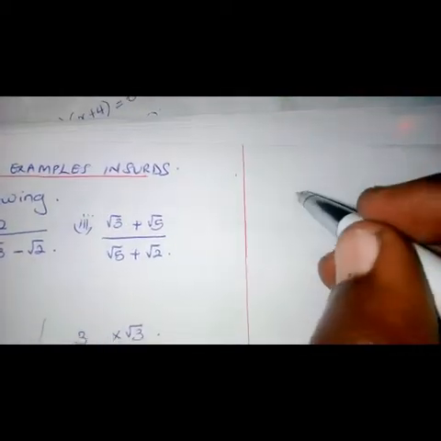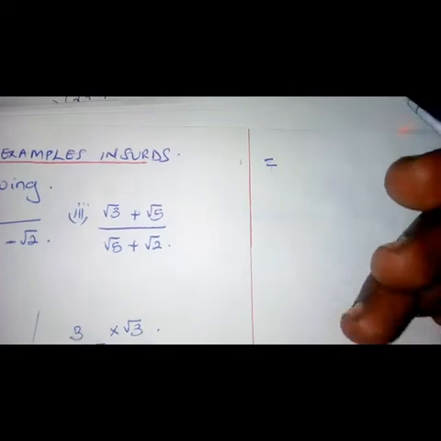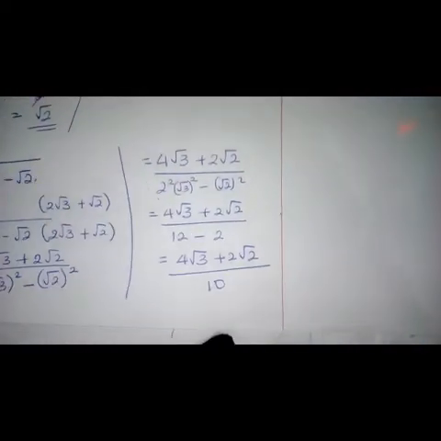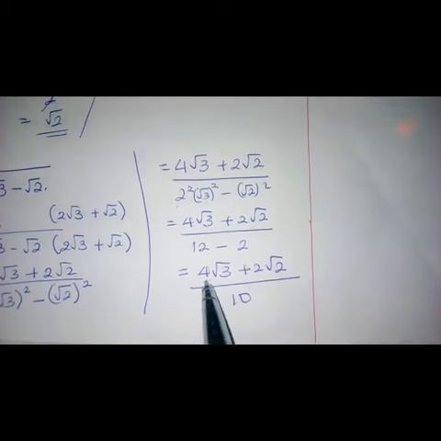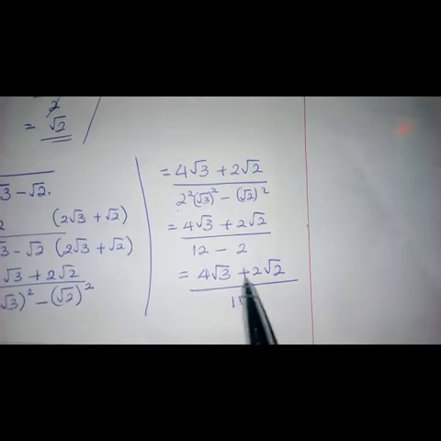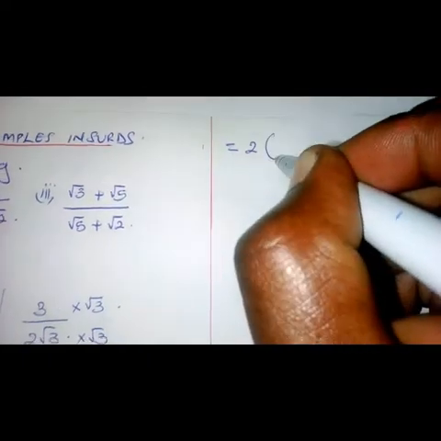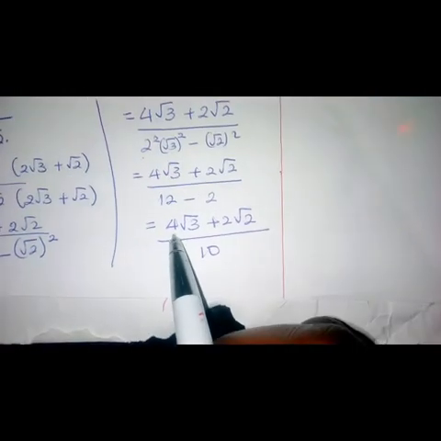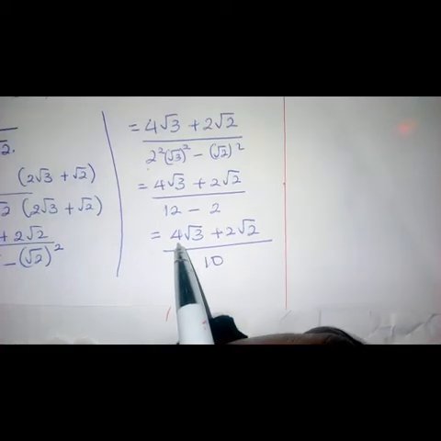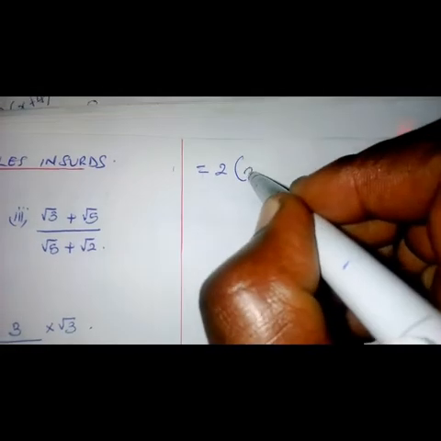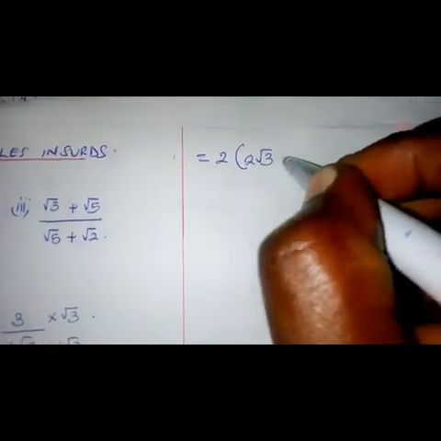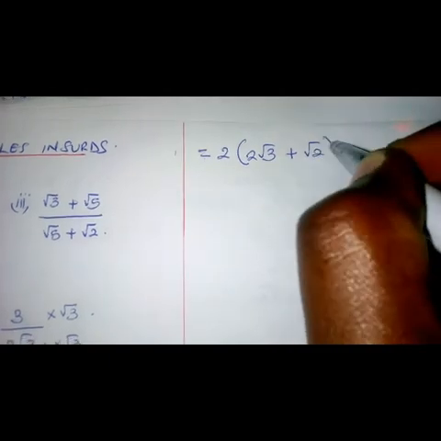But we don't stop there. When you look at these two things, there is a common factor 2 outside. So when I pull it out, I'll have 2, open the brackets. Since here we have a 4, when I pull out a 2, it will remain with the 2 there, such that I have 2 root 3 plus root 2.